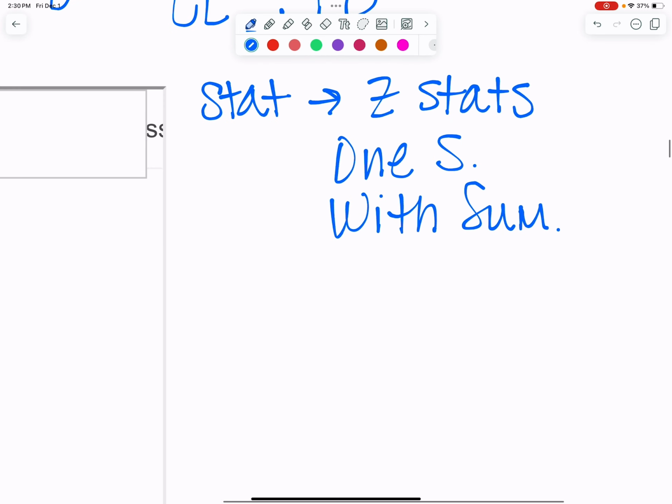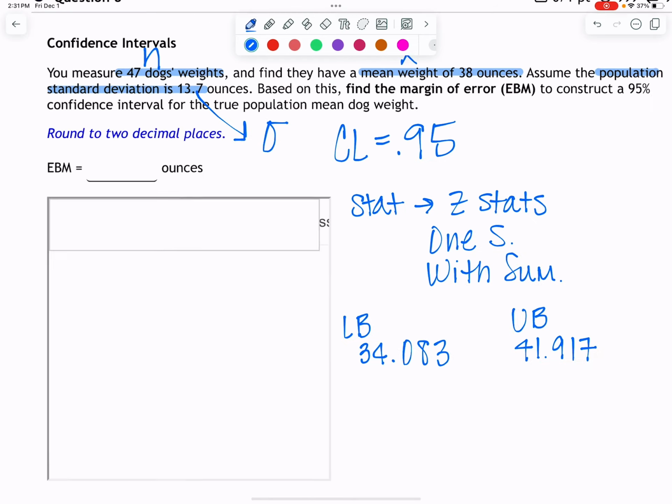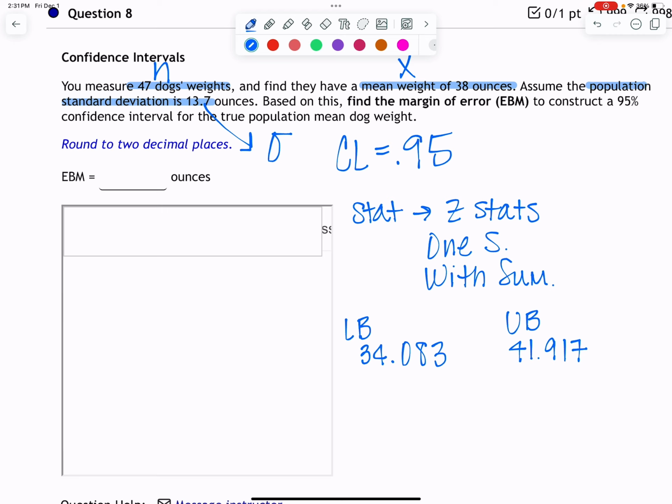So I find out that I have a lower limit or a lower bound of 34.083, and an upper bound of 41.917, with 3 decimal places. And we don't want the upper bound and the lower bound, we want the EBM.